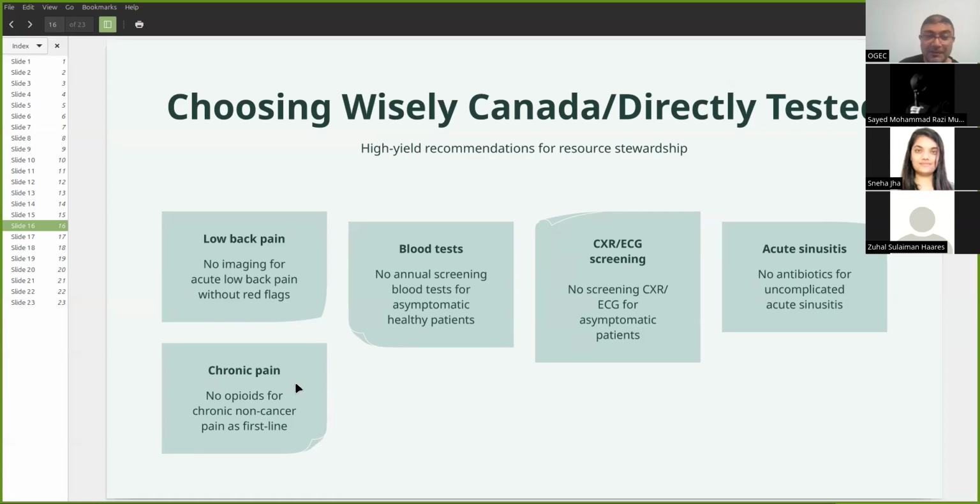And for chronic pain, if there is no cancer pain, we should not give the patient opioid painkillers as a first line. These are examples of the guidelines that are present in Choosing Wisely Canada.